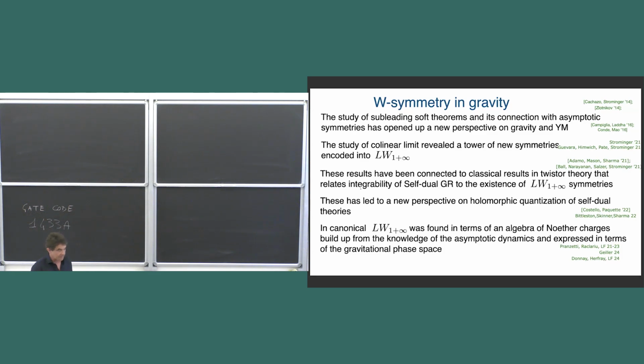And if we go beyond this and look at the charge algebra, we see that we have in the making a higher spin symmetry algebra, which people call LW infinity, which is easy to see in the collinear limit of amplitudes at the classical level.